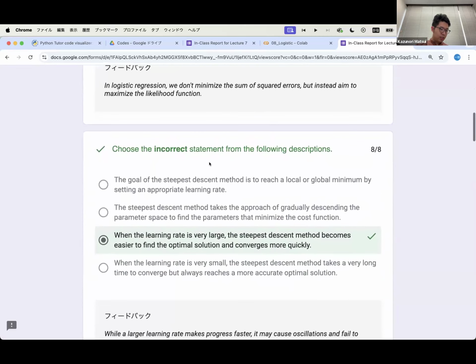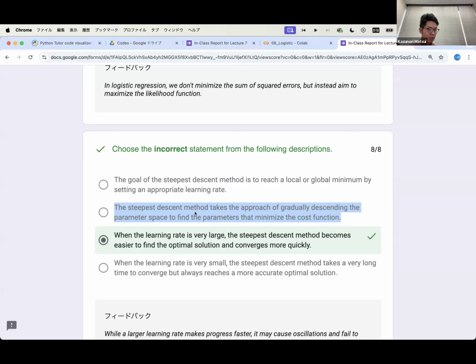Next problem, the goal of the steepest descent method is to reach a local or global minimum by setting an appropriate learning rate. This is the goal and it's correct. The steepest descent method takes the approach of gradually descending the parameter space to find the parameters that minimize the cost function.